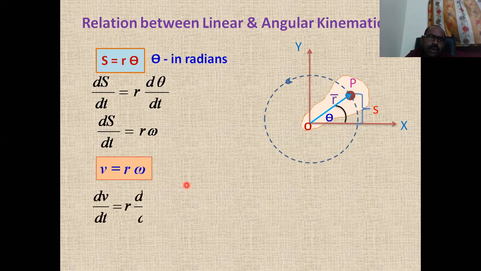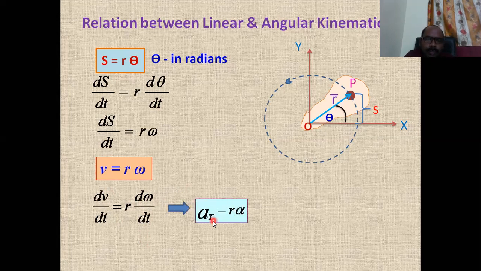Now again we are differentiating the above equation with respect to time on both sides. That is dv by dt is equal to r into d omega by dt. We know that dv by dt is linear acceleration. So acceleration is equal to r into alpha.